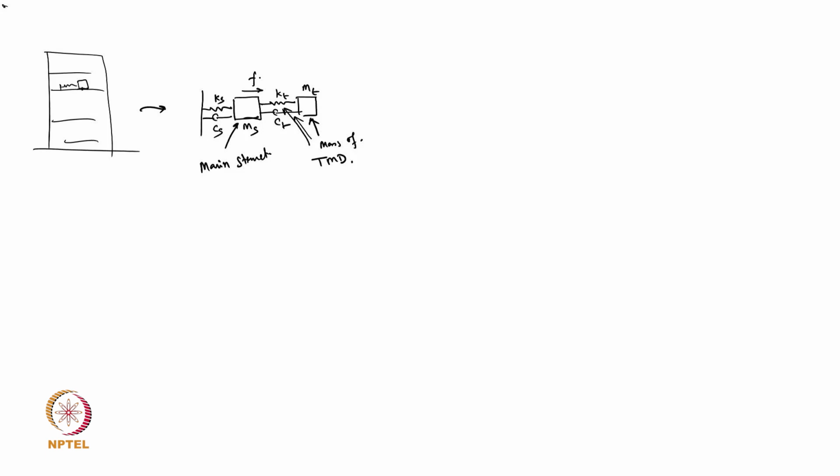Suppose we are writing the equation of motion, how can we write it? So Ms, Mt, maybe I can just say that is Us, and this is Ut.